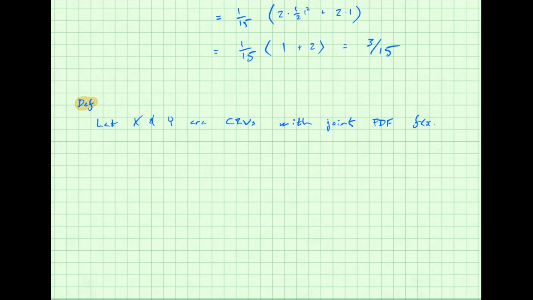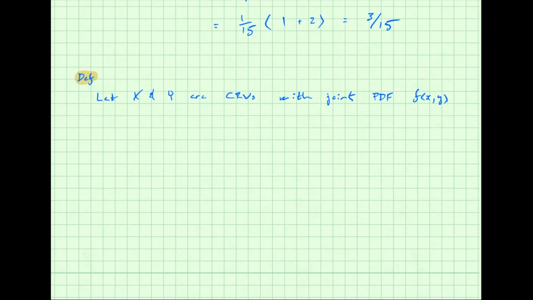Then the joint cumulative distribution for x and y is again capital F of x and y, and it has this definition. So this might not be what you would have thought.